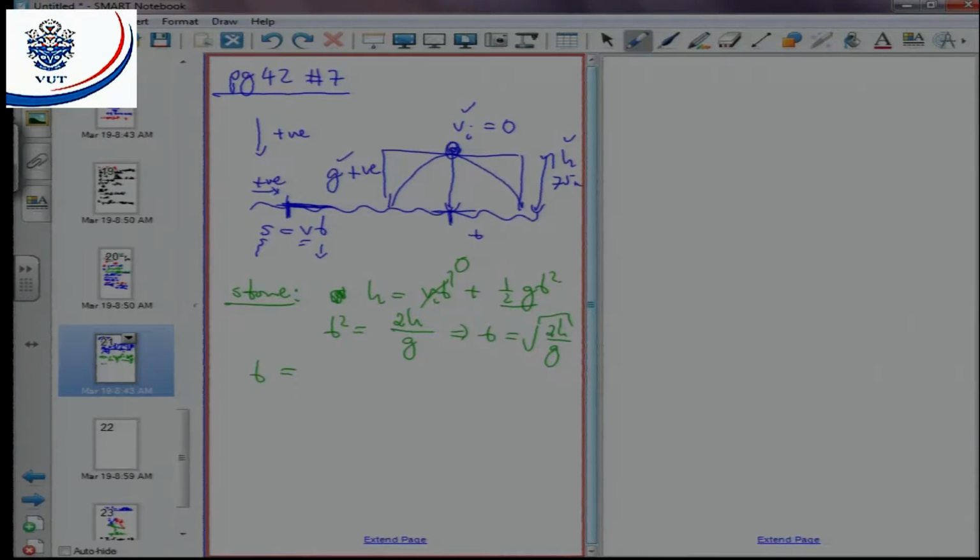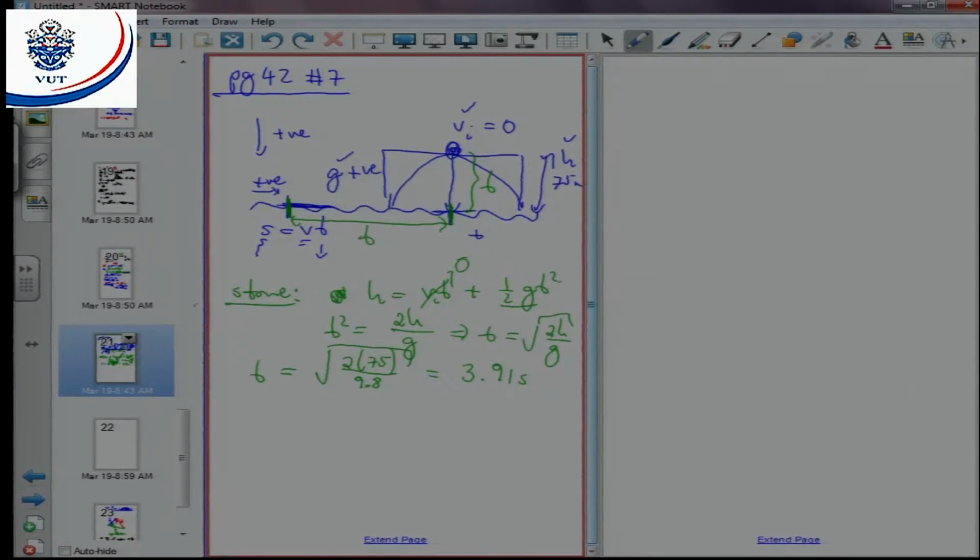Substituting the values, t is equal to the square root of 2 times 75 over 9.8. If we calculate this, we find 3.91 seconds. That's the time it took for the stone to reach the log, but it's the same time that the log took to go from here to reach the stone.